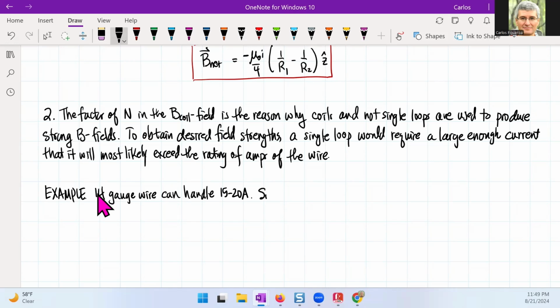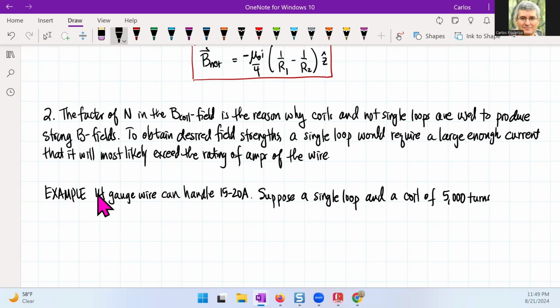So suppose a single loop and a coil of 5,000 turns. So why do I pick 5,000 turns? Because we have probably 16 in our lab.